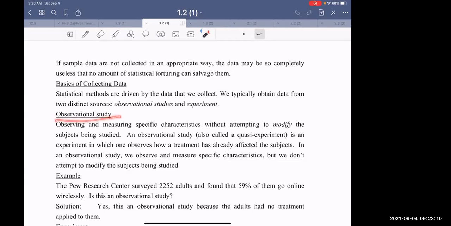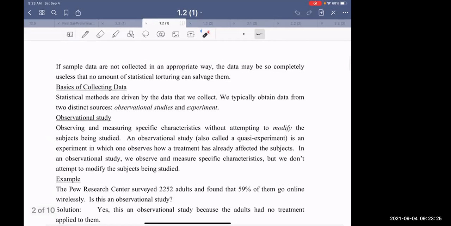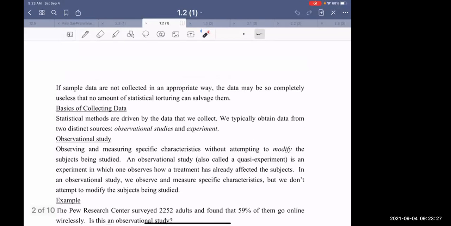In an observational study, we are observing and measuring specific characteristics without attempting to modify the subjects being studied. For example, the Pew Research Center surveyed 2,252 adults and found that 59% of them go online wirelessly.